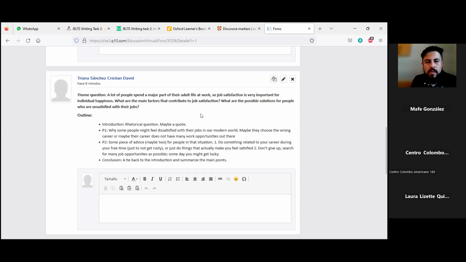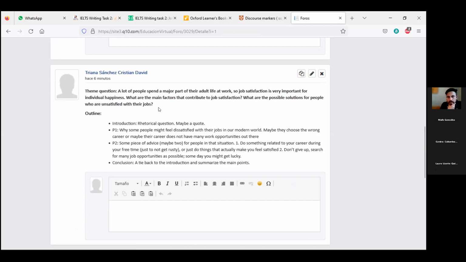So, and I took these elements for the introduction and the conclusion from the exercise in the book, because it states very clearly what the best options are to write those, I mean, these two parts, the introduction and the conclusion.